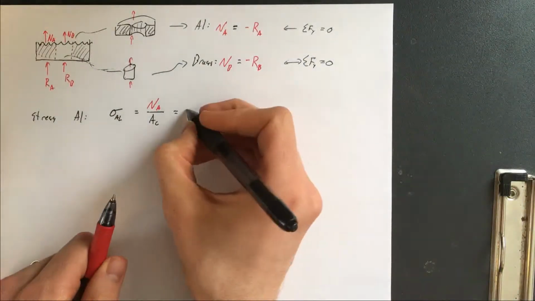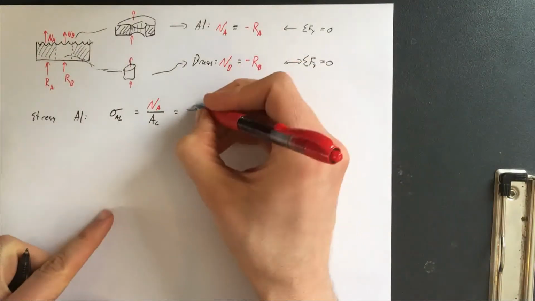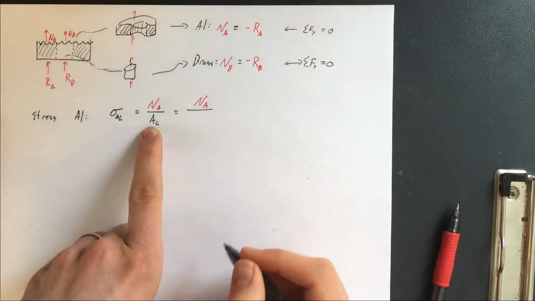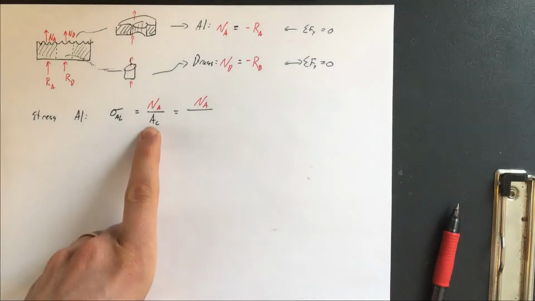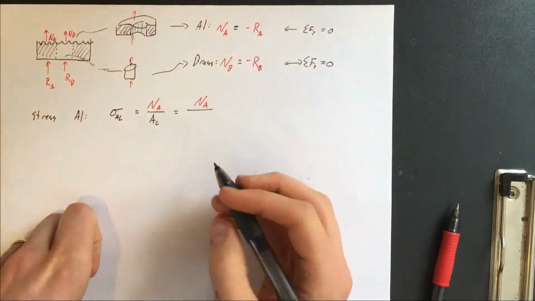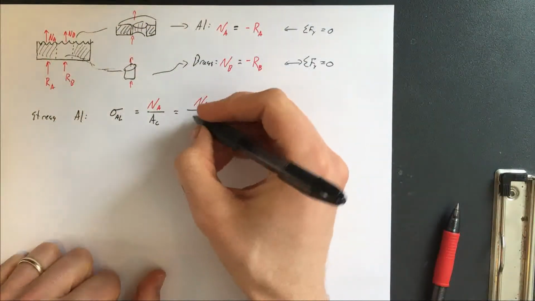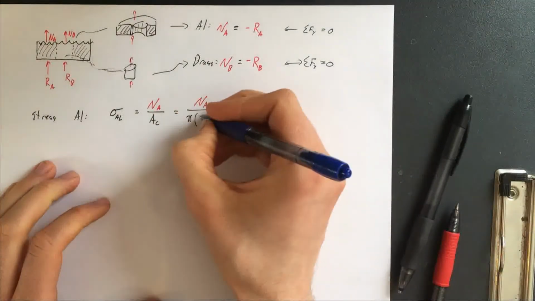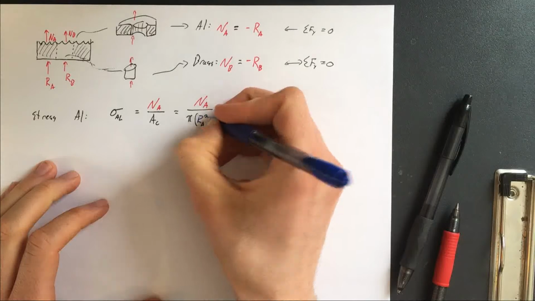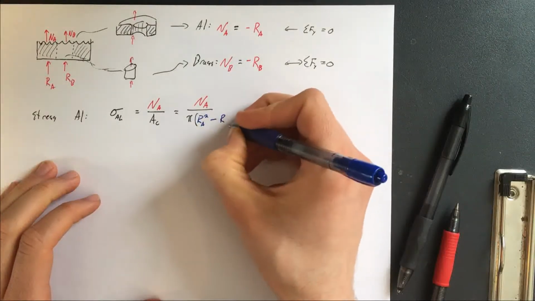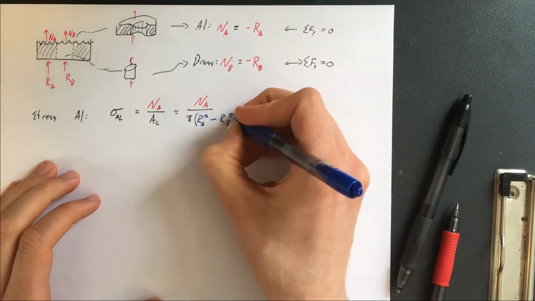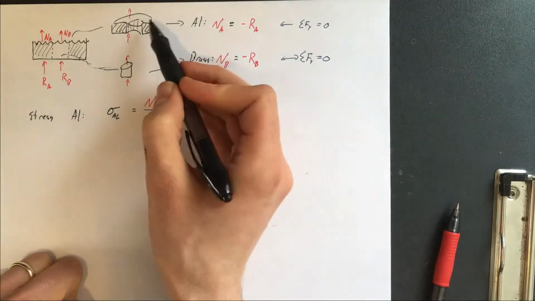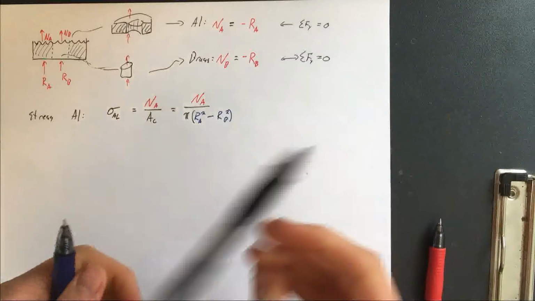We still have Na in the numerator here, and the cross-sectional area of this aluminum donut shape would be pi times the radius of the aluminum squared minus the radius of the brass squared. Right? If you distributed the pi, it would be pi r squared minus pi r squared. So it's the outer circle minus the inner circle.